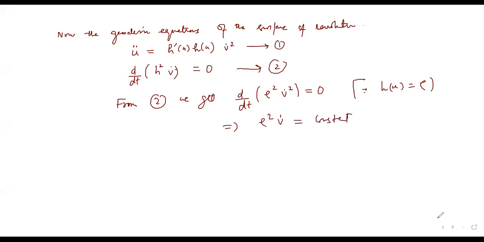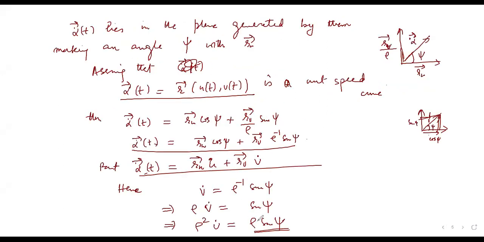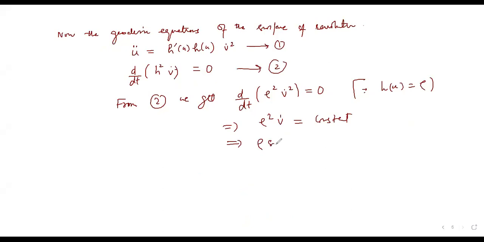But we know that rho square v dot is the same as rho sin psi, which means that rho sin psi is constant along alpha, because alpha is a geodesic, it must satisfy both the equations. So one side of our proof is done: if it is a geodesic, it has to satisfy the second equation, therefore this has to be constant, because its derivative is 0, but this is equal to rho sin psi, and we are done.